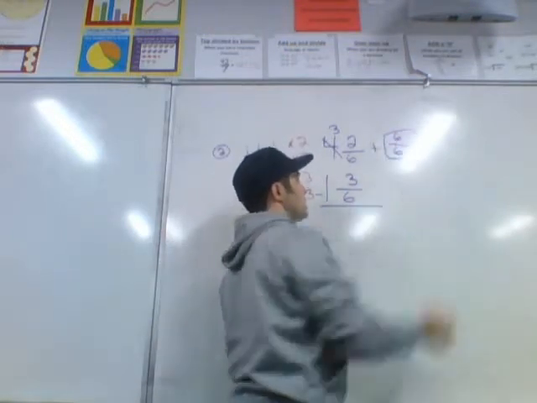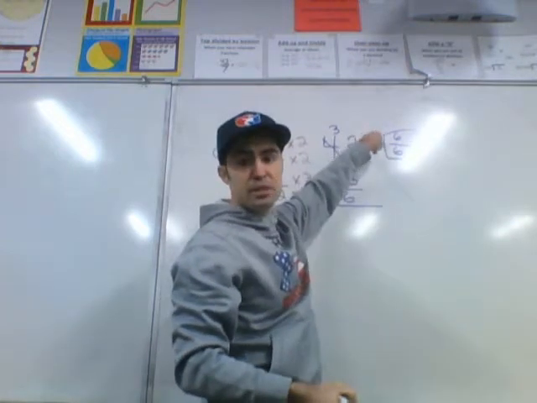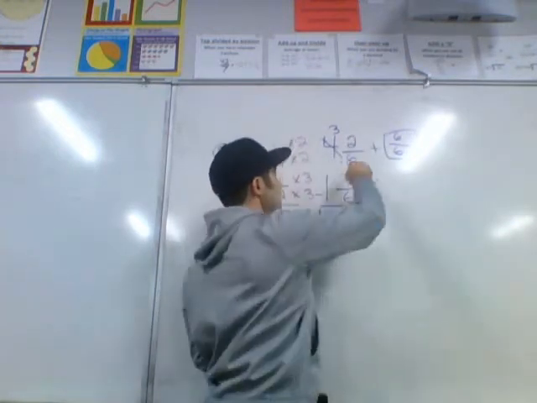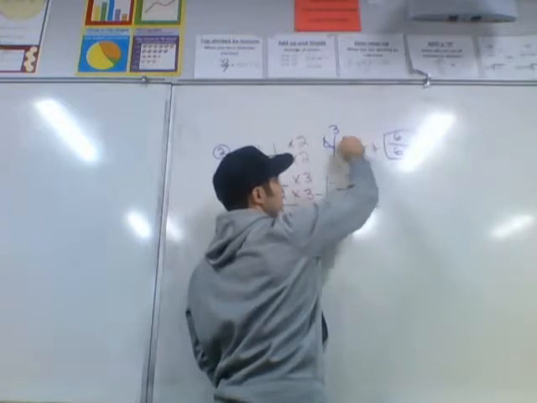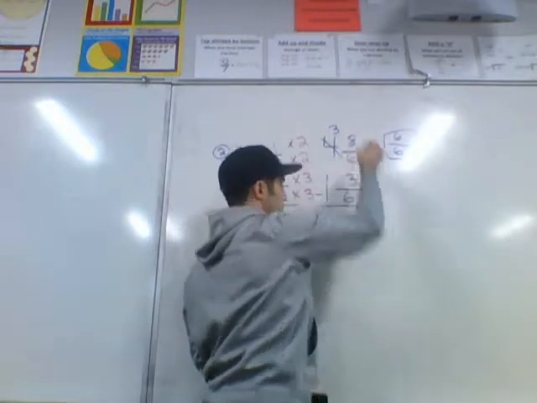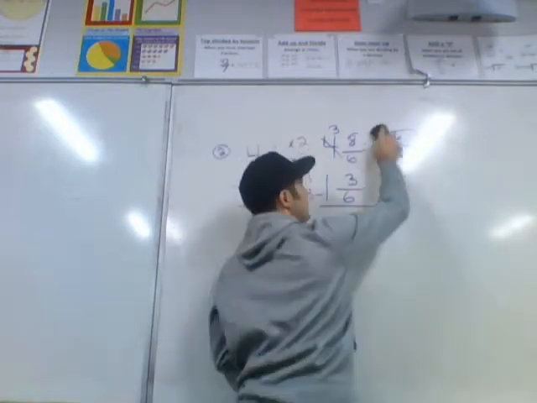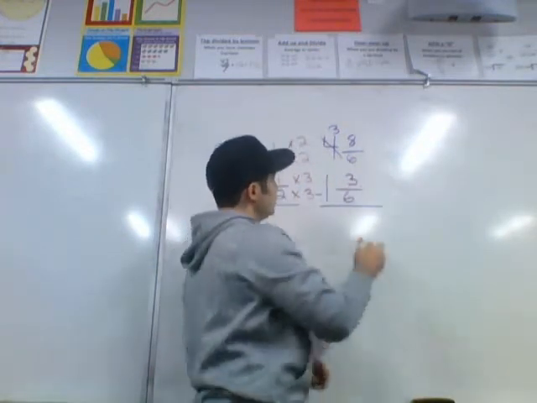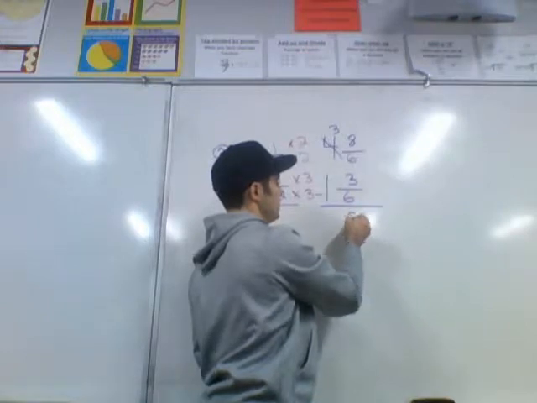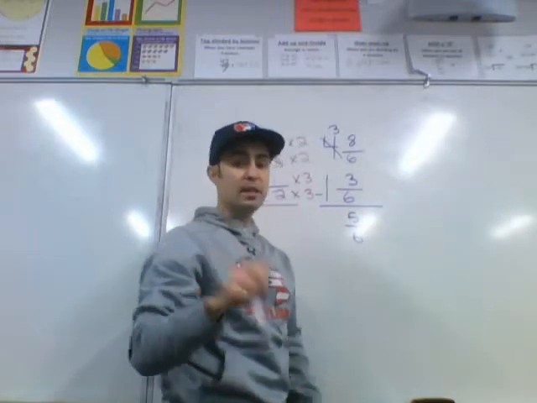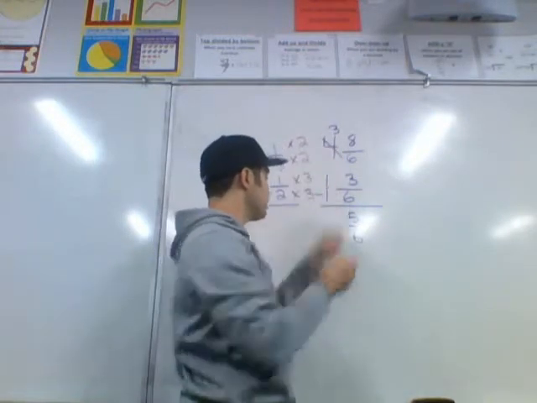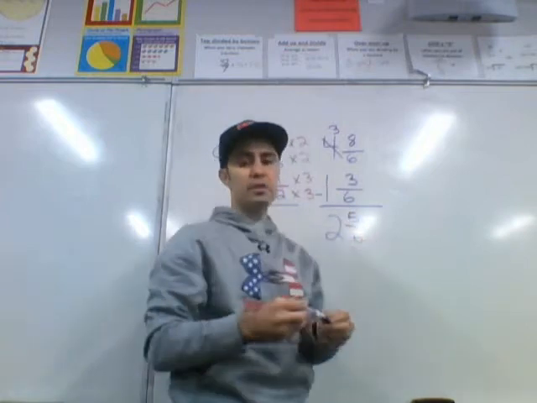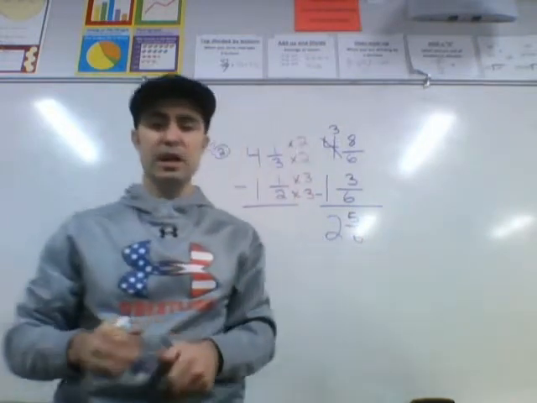Of course, that's going to be 6/6. 6/6 plus 2/6 is equal to 8/6. Okay, erase that. We no longer need that. 8 minus 3 is going to be 5/6. You're not done. Don't forget your whole number. 3 minus 1 is 2. So your answer to this one is 2 and 5/6. This one is not in your homework.